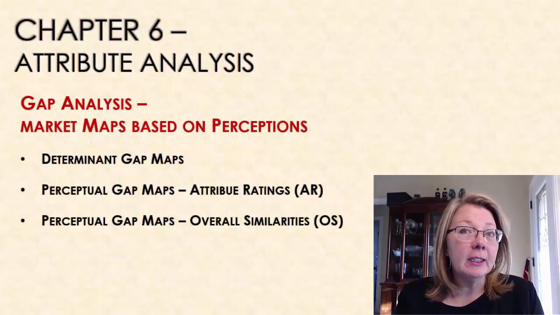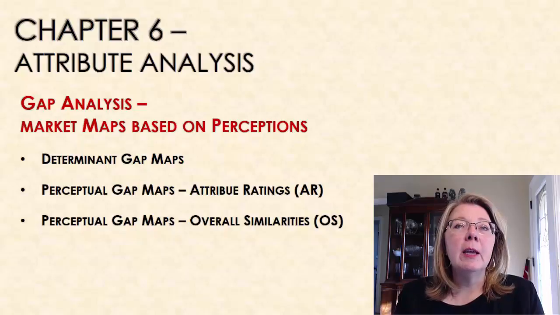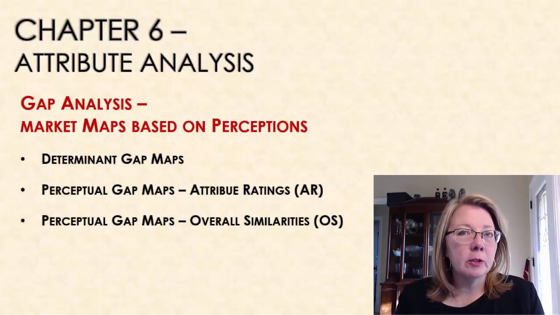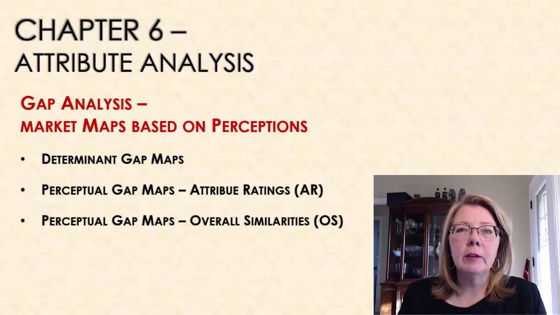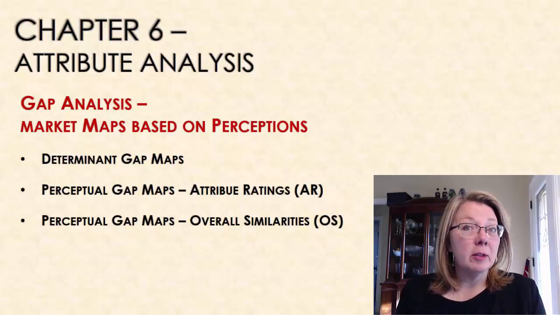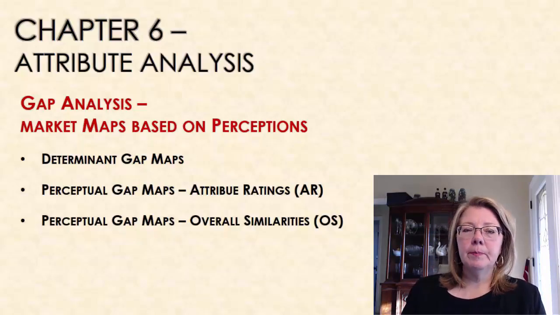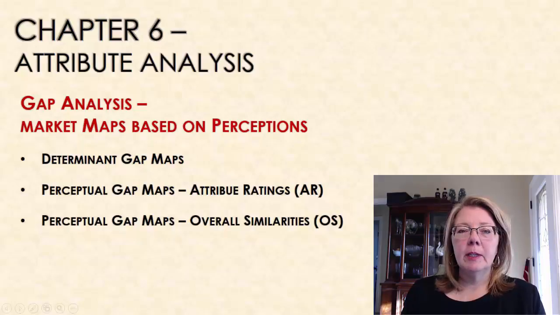This technique is valid and able to help you take that perception data and plot the perceptions consumers are giving you on these pairs to show how products position relative to one another according to overall similarity. Okay, so those are the three types of gap maps you need to know something about.